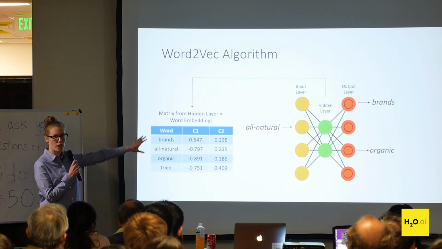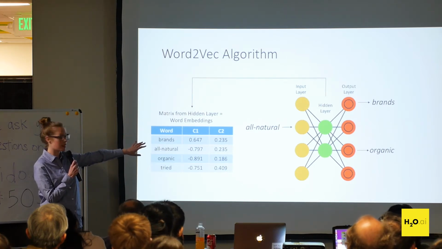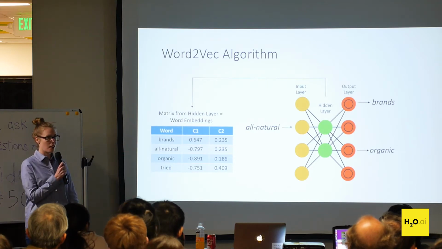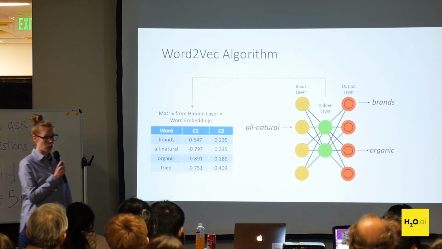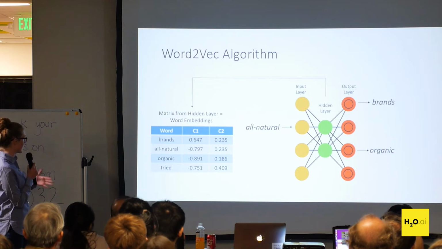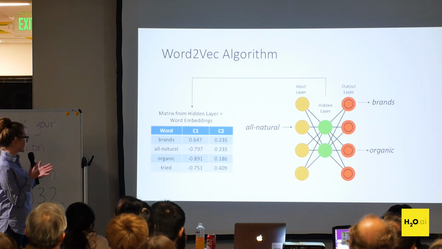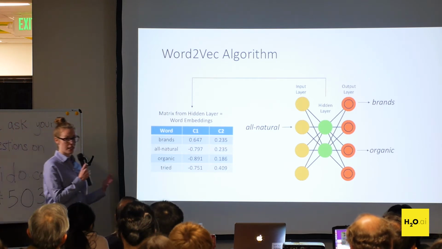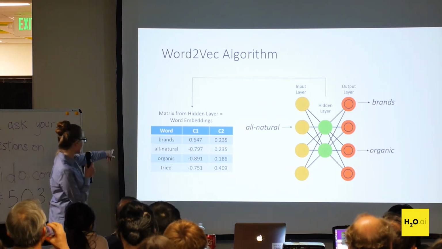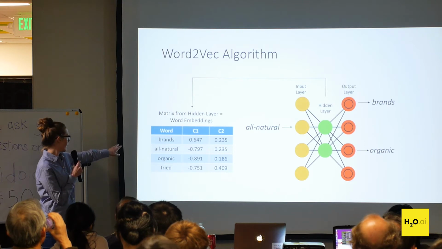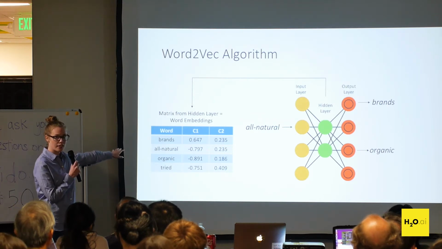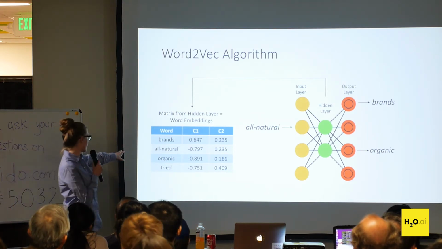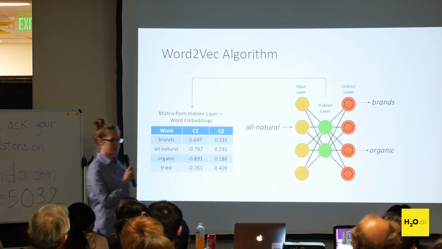In this small picture, I have two neurons in my hidden layer, so I have vectors with dimension 2. If the vectors are close together, then they're similar words that have the same context. In this example, we can see that all natural and organic are close together, so they are similar, compared to, let's say, brands and tried.